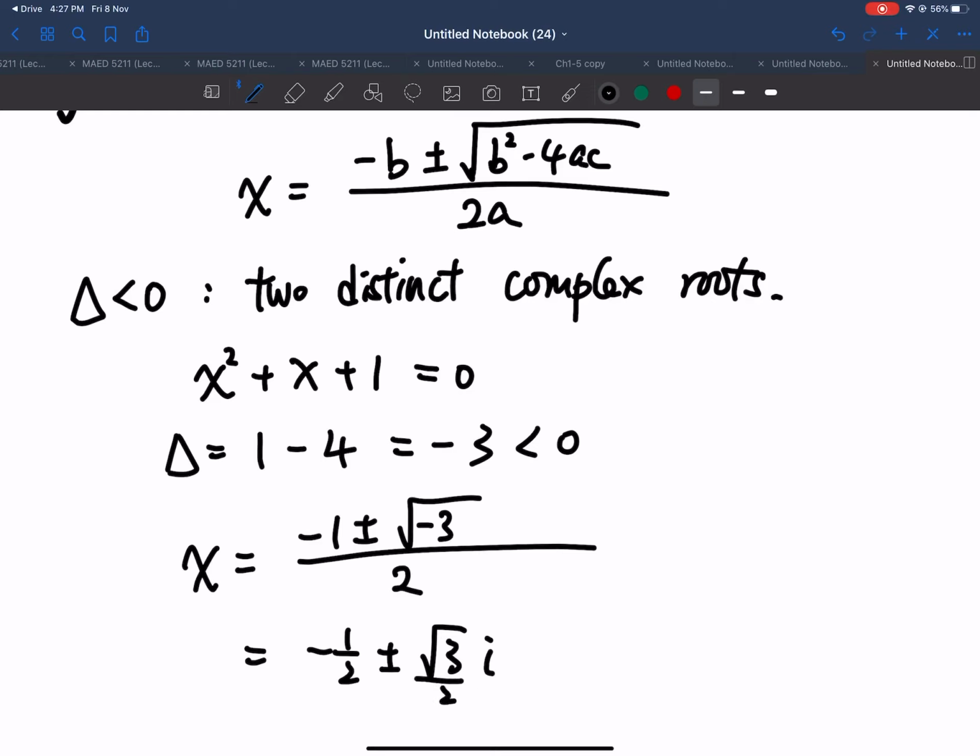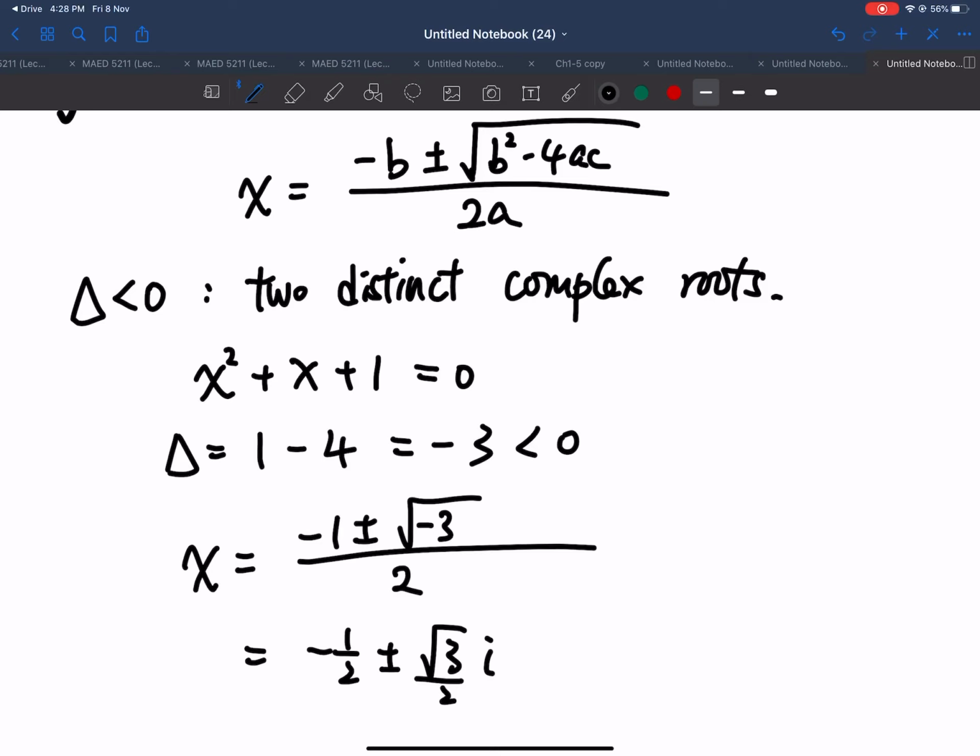If you have a new calculator, it will directly give you the answer in terms of the square root form. So what does it tell you?